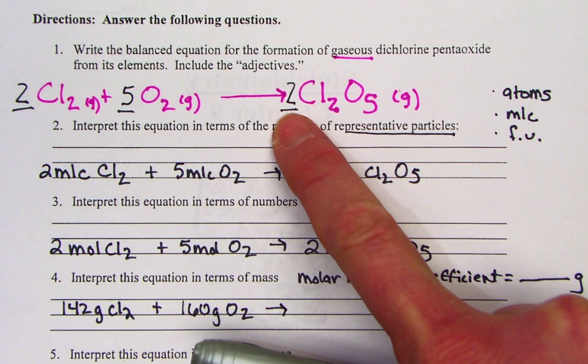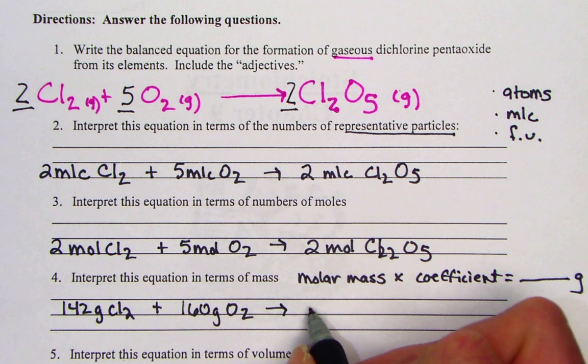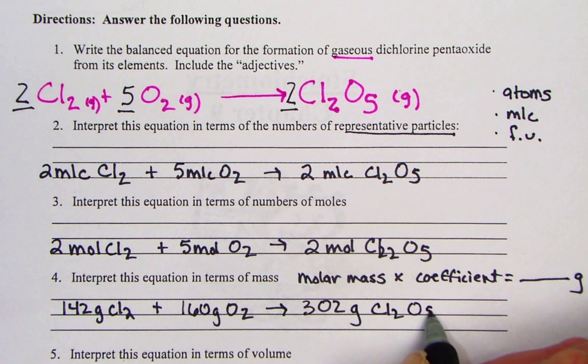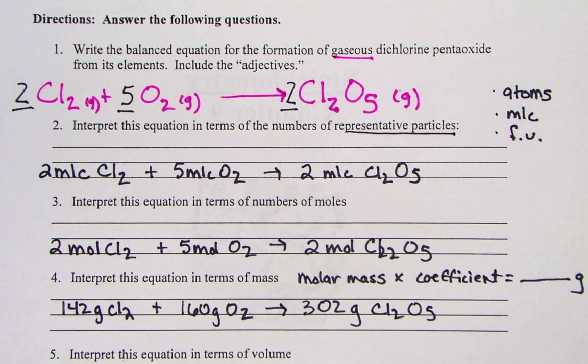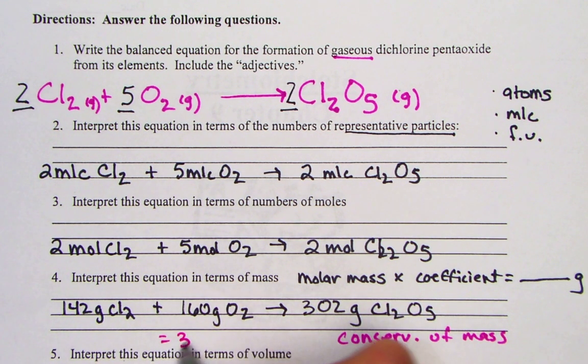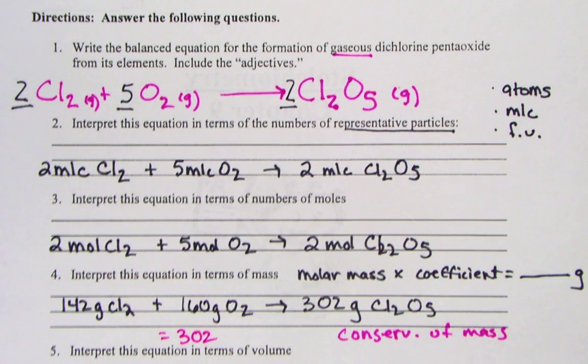The total mass, 2 times that formula weight of Cl2O5, is 302 grams of the molecule, dichlorine pentoxide. It's always good advice to check, because there is such a thing as the law of conservation of mass, that the reactants must do indeed equal the product, so let's check that. 142 plus 160 does indeed equal 302, and that's what we found for the product.